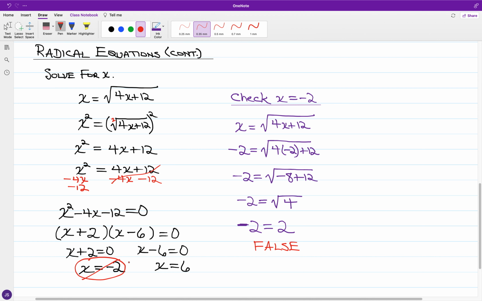So now we're going to have at most potentially one solution, and this is going to be with 6.